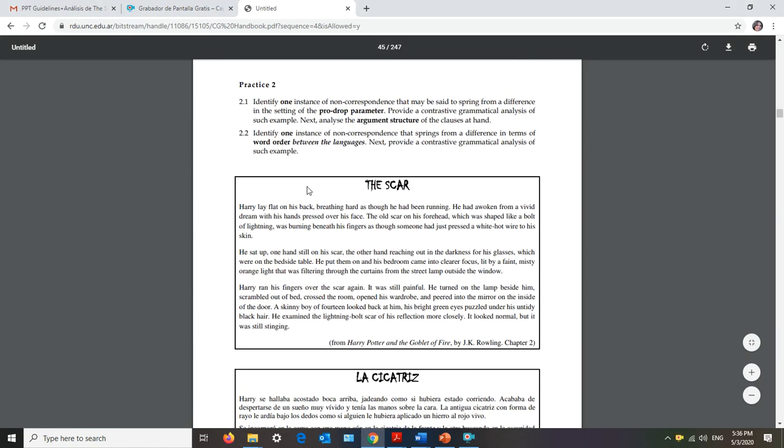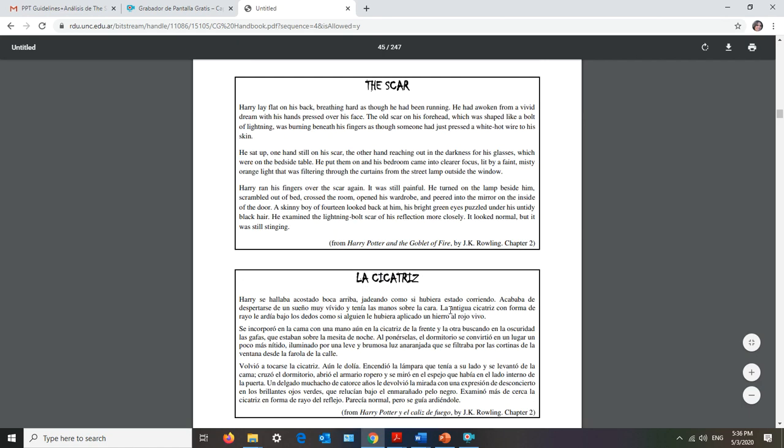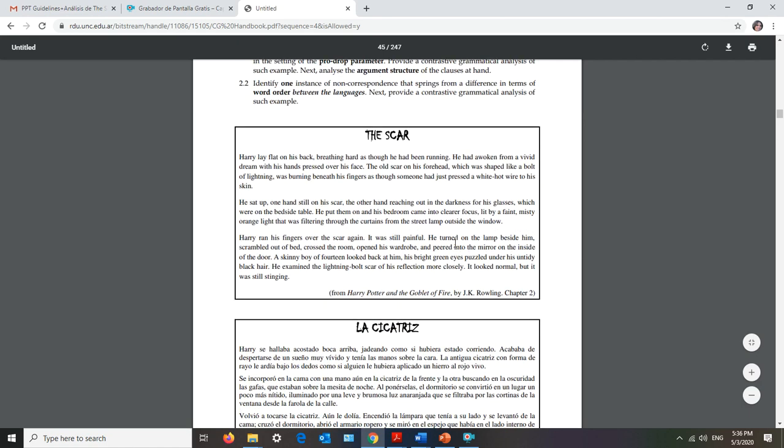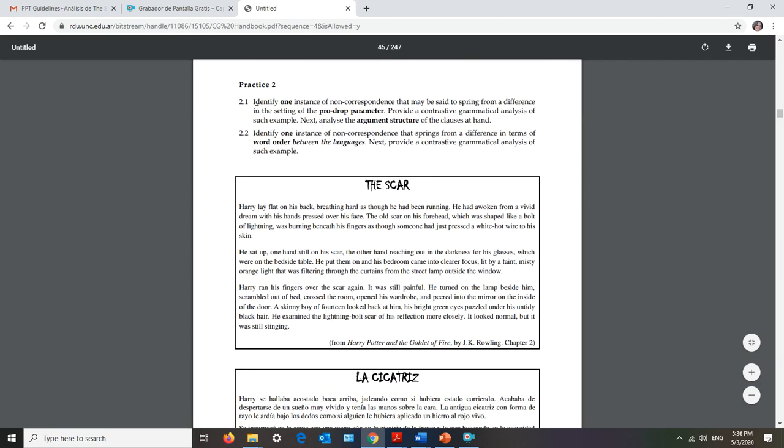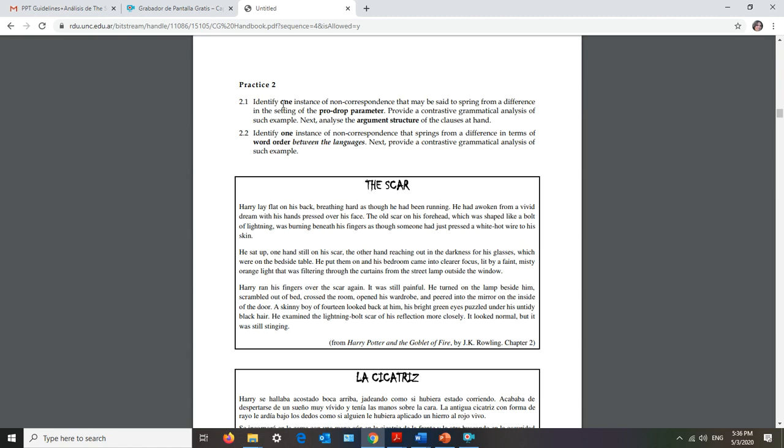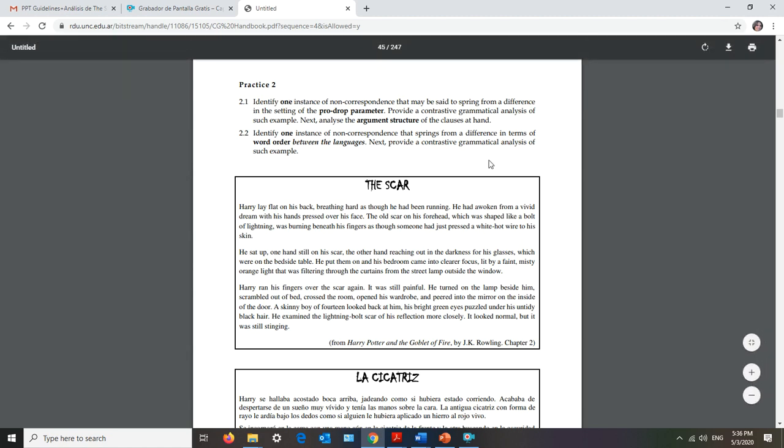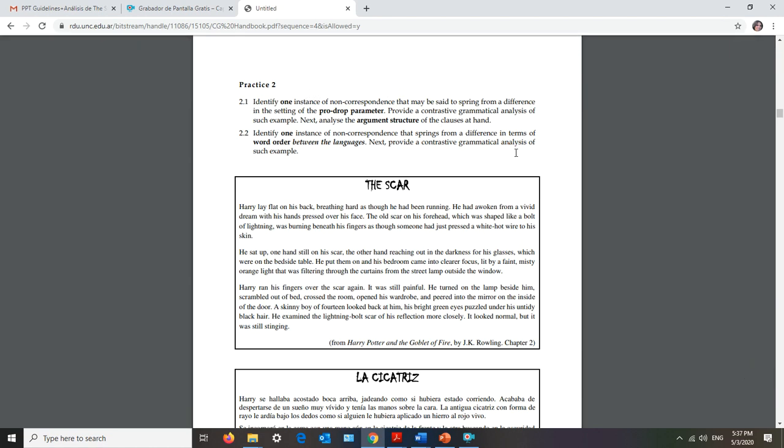The text is an excerpt from Harry Potter and the Goblet of Fire, called The Scar, La Cicatriz in Spanish. I will carry out the first activity, the one that you are now in a position to perform, which suggests that you identify one instance of non-correspondence that may be said to spring from a difference in the setting of the pro-drop parameter.